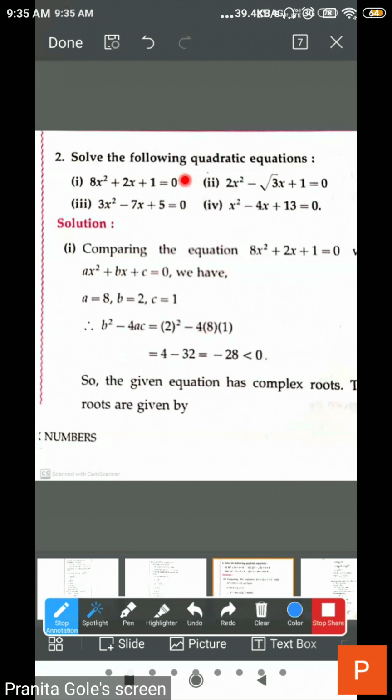If you observe it, it's just like a normal quadratic equation. But when you solve it, you will get to know that imaginary numbers are getting included in it.